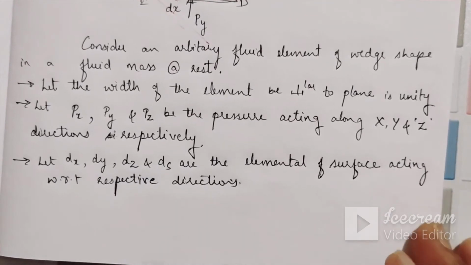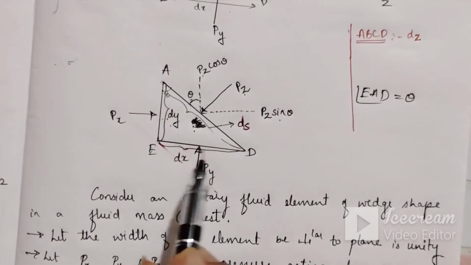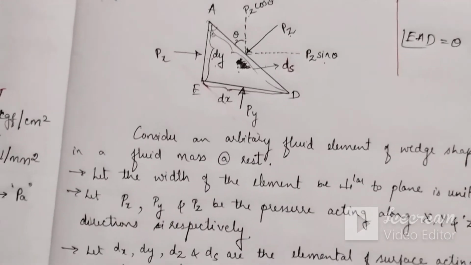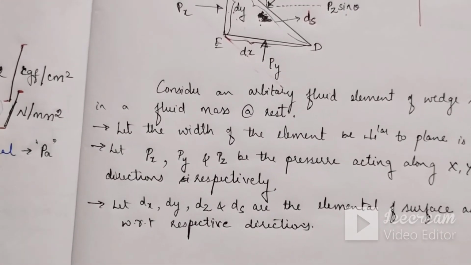Why I am going slow is, once you get to know this, you can do the next simplification very easily. That's why I am going very slow.